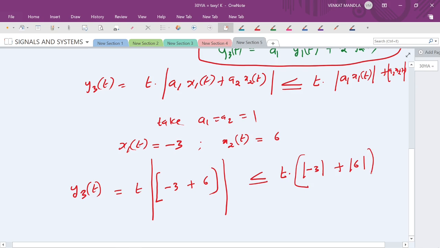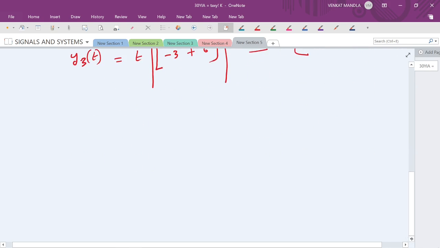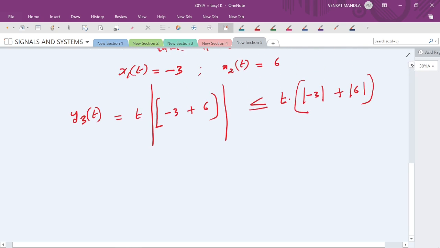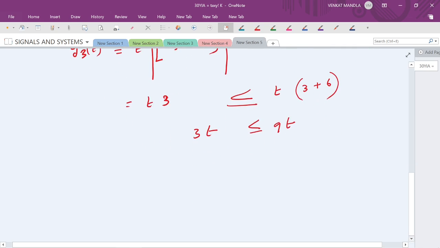Okay, so what is this value? This value is t into mod of 6 minus 3, that is 3t. This is less than or equal to t into mod of minus 3, which is 3, plus mod of 6, which is 6. So this is 9t. So these are not equal: 3t is not equal to 9t, right?